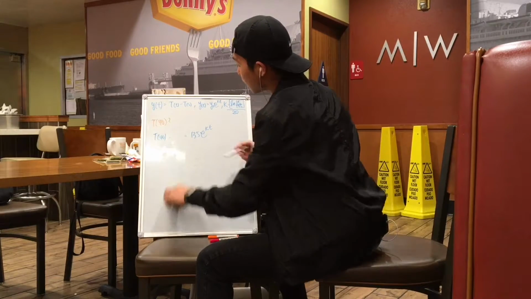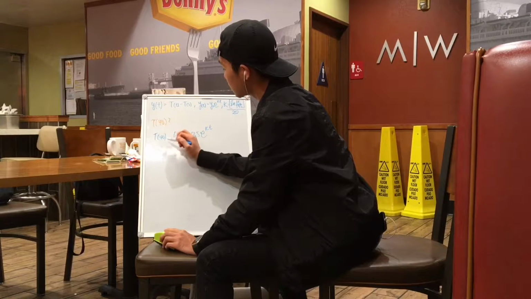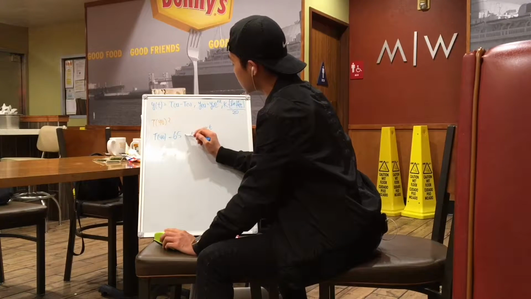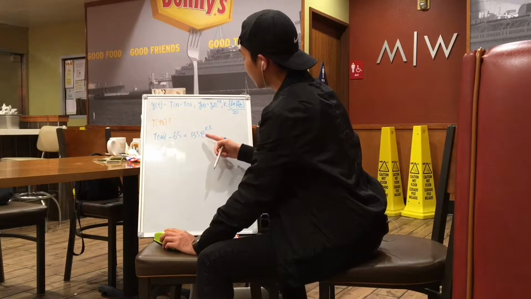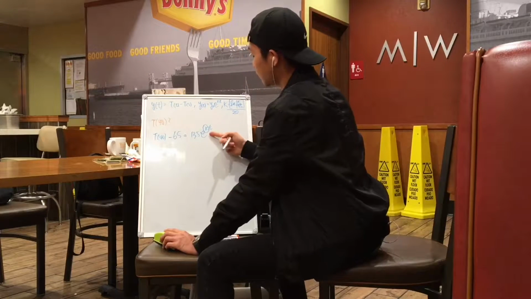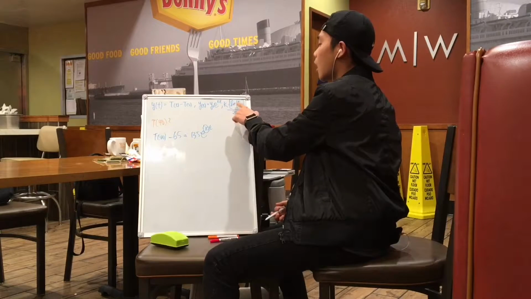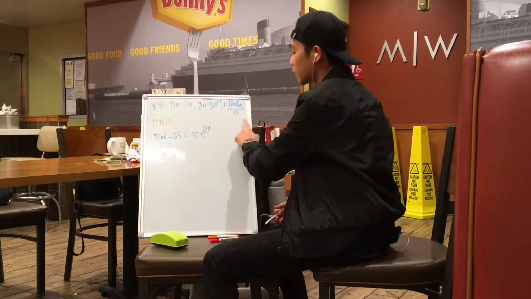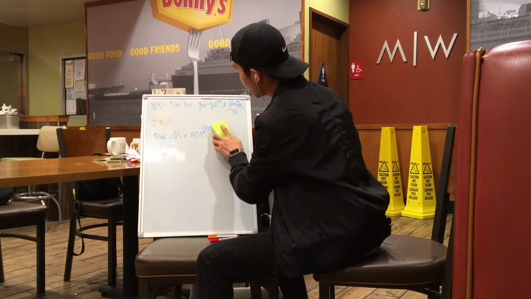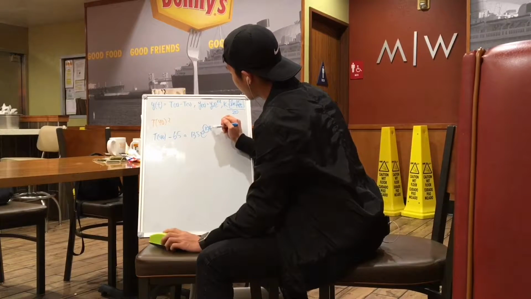The temperature of the surrounding was 65, so T of 40 minus 65 degrees equals 135 e to the k t. E is the number, and K we have the value, which is the natural log of 115 over 135, all over 20, and t we have, which is 40 minutes.